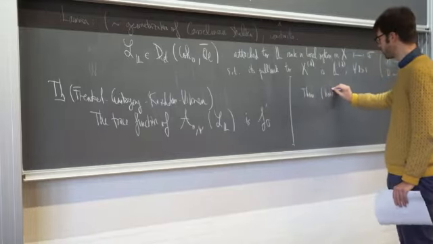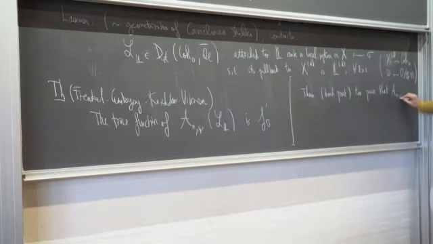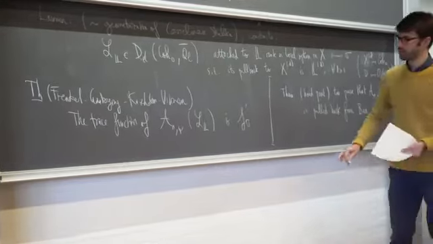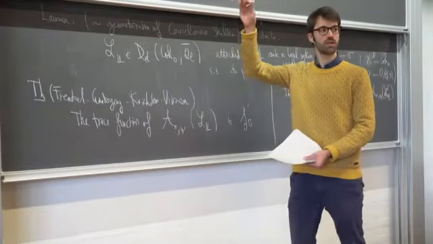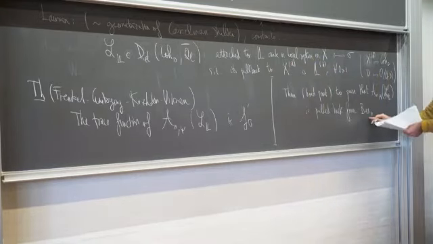So the hard part is to prove that this object is in fact pulled back from Bun n. We have a natural map from Bun prime n to Bun n by just forgetting this section s, and you want to prove that this thing you have here is in fact the pullback of something on Bun n, and so in particular, by taking the trace function of this something on Bun n, you will get the desired automorphic form.